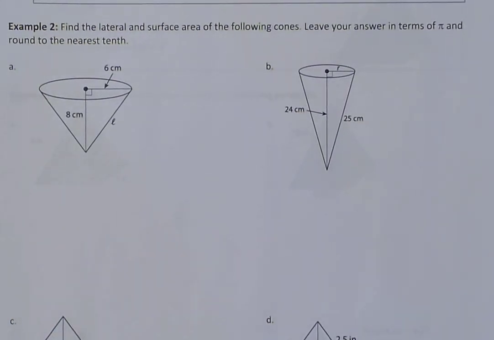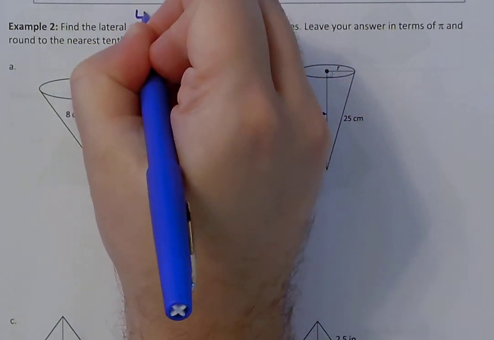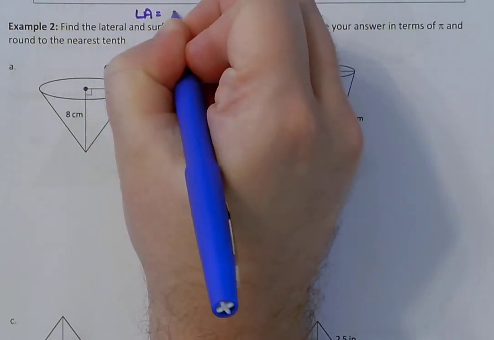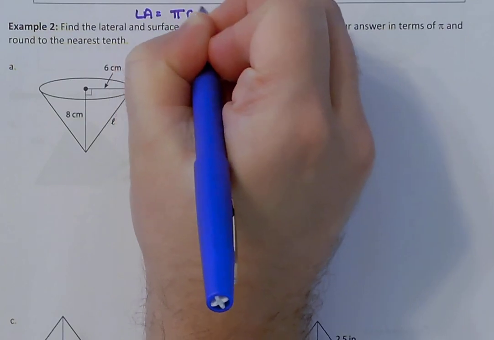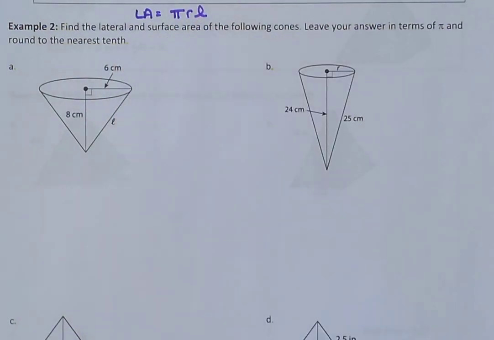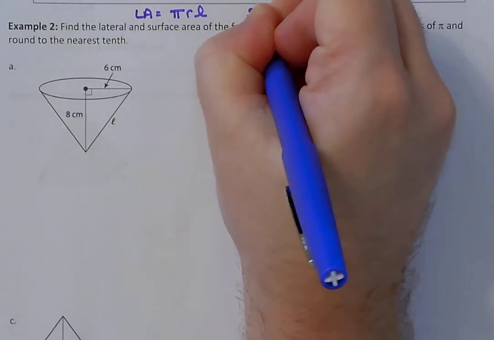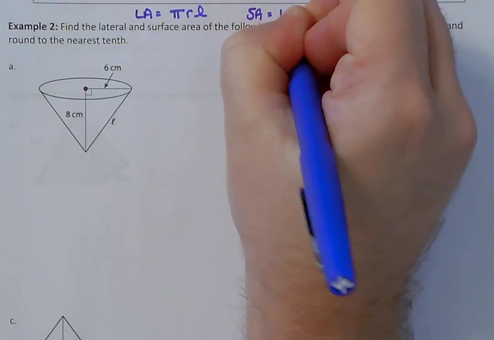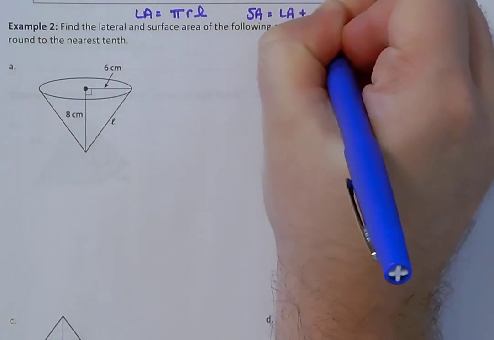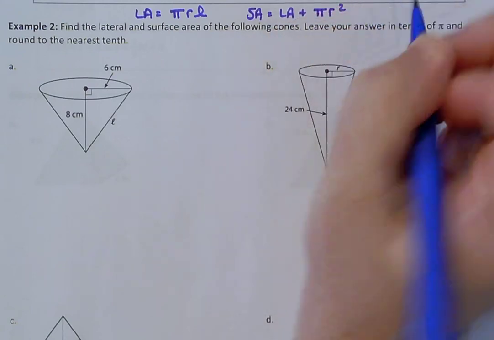All right, so lateral area, just as a reminder, is pi r L. So we need to figure out the radius and the slant height for every cone. Then once you have your lateral area, we can figure out our surface area, which is lateral area plus pi r squared.